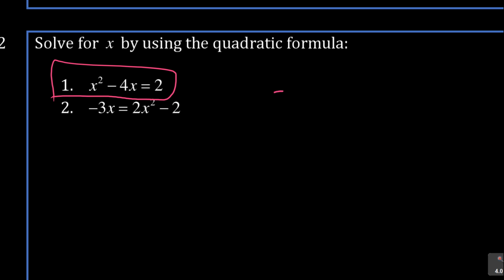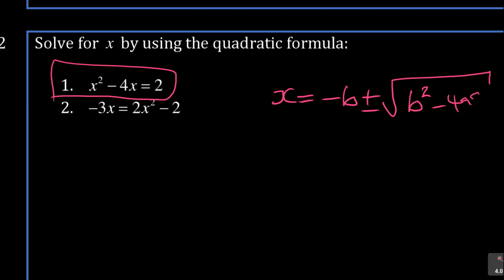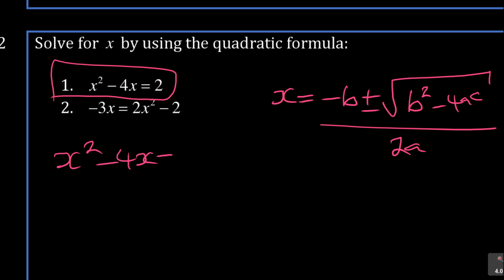It says x is equal to minus b, plus or minus square root of b squared minus 4ac, everything divided by 2a. You'll be given this in the formulas. This is the formula. Now your aim is to identify which one is my a, my b, and my c. This question, they gave it to you like this: x squared minus 4x is equal to 2.